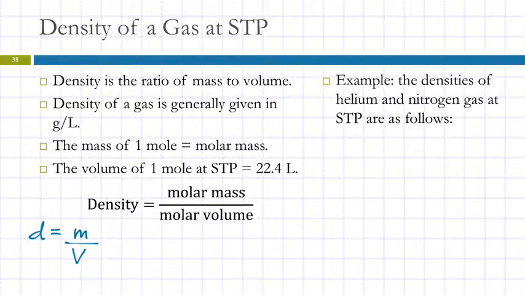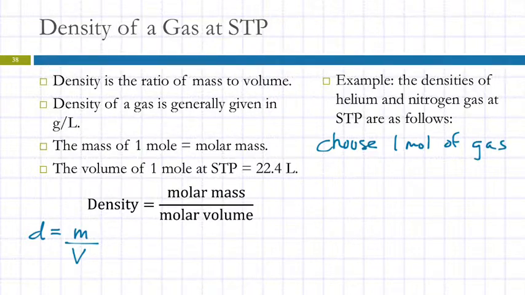The density of a gas is going to be the same under the same conditions regardless of how much you have. So then I can choose the size of the sample, and I can choose it to be difficult or I can choose it to be easy. So I'm going to choose easy because I like easy. I'm going to choose a sample of 1 mole of gas.